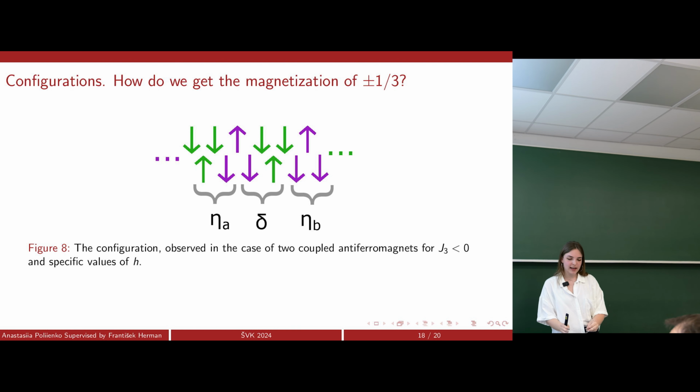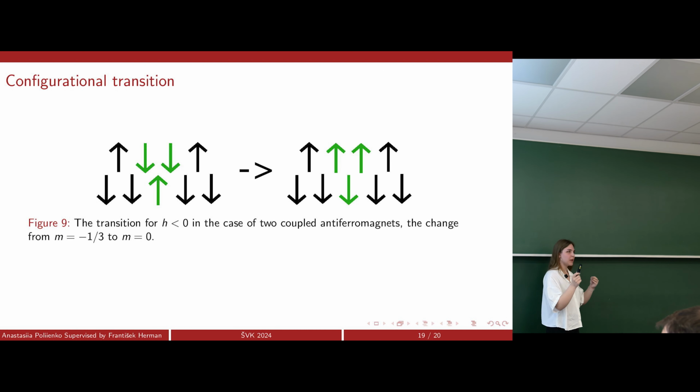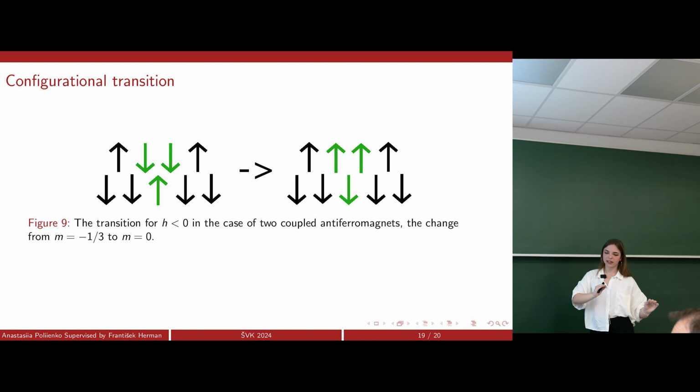Next, let's look at the configurational transition from such a configuration to another one. We have seen that the magnetization of -1/3 needs to be transferred to the magnetization of 0. Let's talk about the whole system.